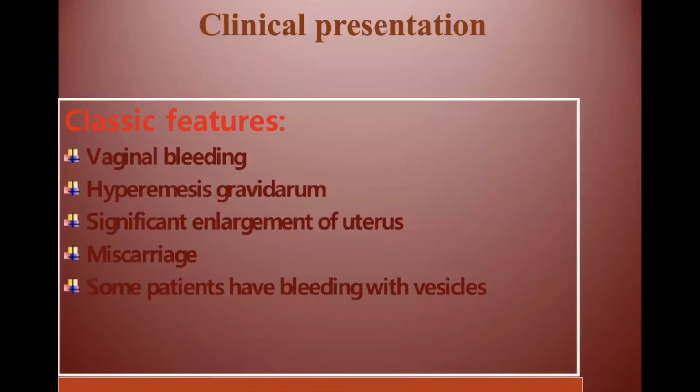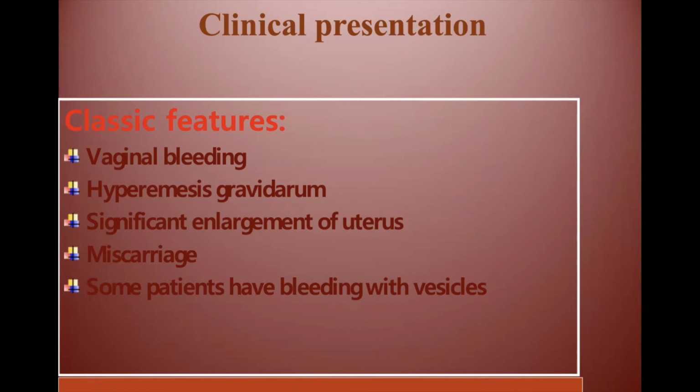And what about the clinical presentation? Usually the patient has vaginal bleeding, usually in the first trimester of pregnancy, probably starting at 10-12 weeks. We also have hyperemesis gravidarum, and significant enlargement of the uterus, because, as I told before, these bubbles grow very fast.